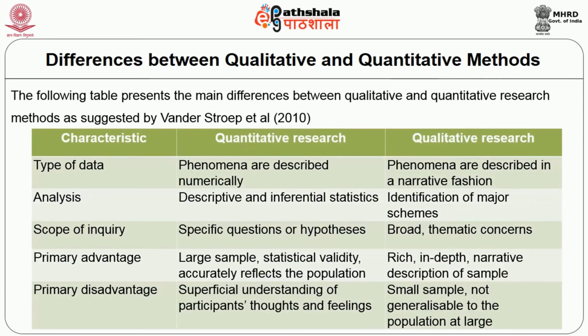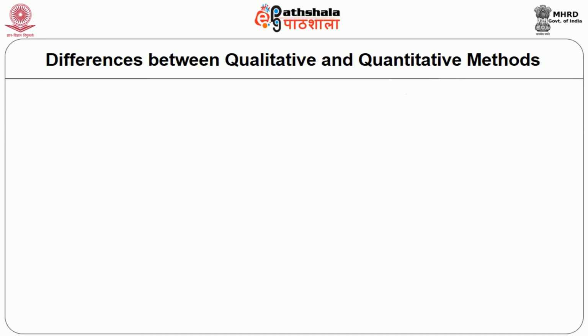The characteristics of the qualitative and quantitative methods are compared and presented by Vander Strijp et al., 2010. The characteristics are based on type of data, analysis, scope of inquiry, primary advantage, primary disadvantage, and so on.